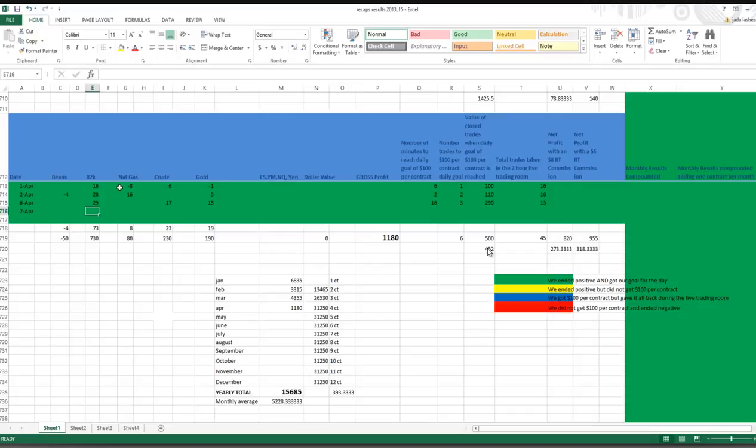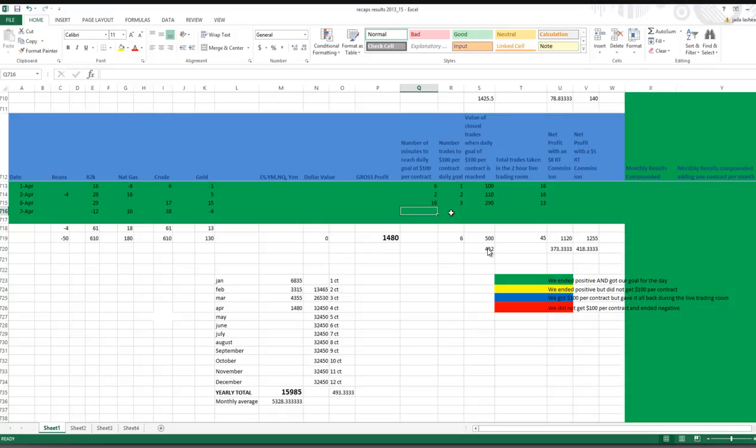On the Russell, we had 3 trades. We lost 12 ticks. On natural gas, we had 4 trades. We made 10 ticks. On crude oil, that was our big winner of the day. We had 6 trades. Looks like we made 38 ticks. On gold, we had 5 trades and lost 6 ticks.